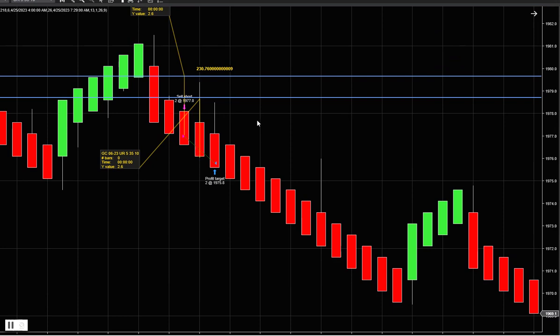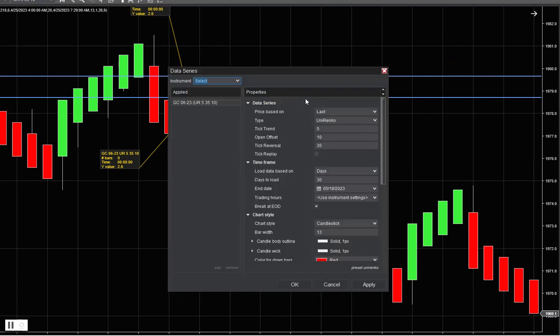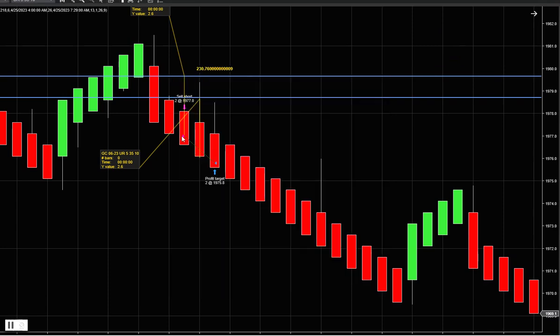The tick trend is 5 ticks, and open offset is 10, and reversal 35. So 5 ticks from here to here, and 10 from here. So this bar needs to be 15 ticks. From the opening to close, it hits 15 ticks, and it closes the bar painted.